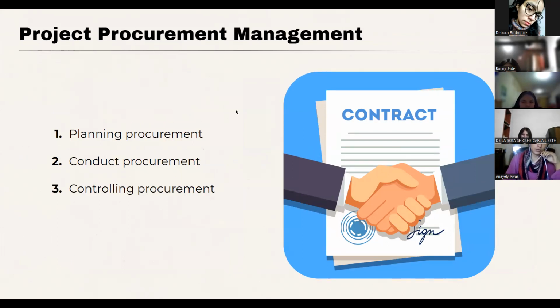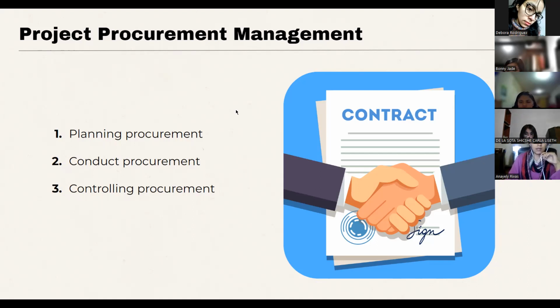The project procurement management will be detailed in 3 steps. The first step is planning procurement. It consists of detailing the document for the 3 machines to be purchased, the specification requirements, the potential suppliers, the selection criteria, and the type of contract for the project.